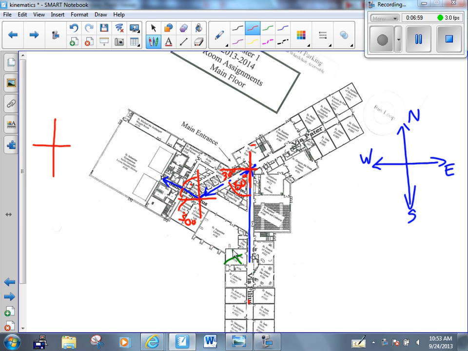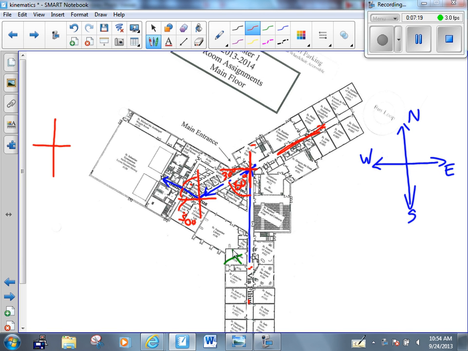So for instance, if you start in the math wing down here, rotate it so that that is your y-axis, as opposed to the science wing being your y-axis. Is that okay? Doesn't matter where your y-axis is, really. It doesn't really matter as long as you're consistent through the whole thing.